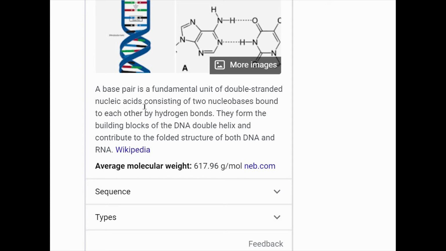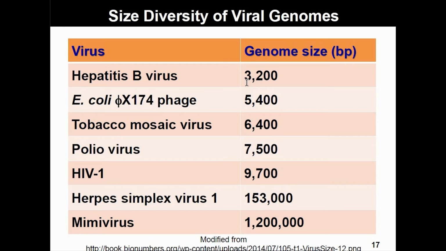So let's just say how it is calculated: 10 base pairs are present in one complete helical turn of DNA. Yeah, 10 is present. Like that, how many are present? 3200 are present in hepatitis B, likewise. Okay.